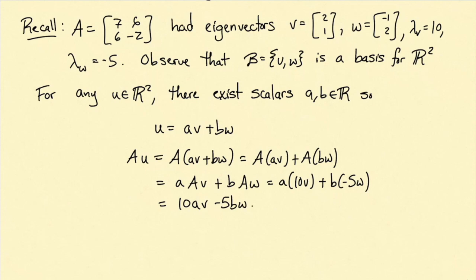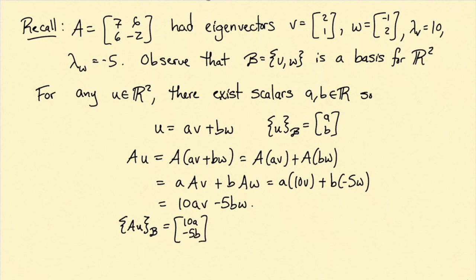If we think about our vector as being expressed in the coordinate system corresponding to our basis B, then we can write u as the vector (a, b). Well, of course, now the vector Au expressed in our new coordinates is simply (10a, -5b).